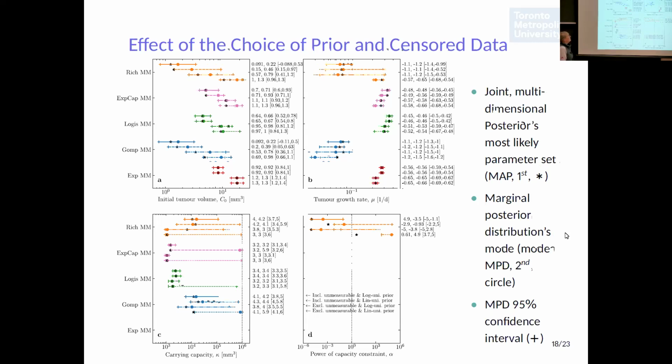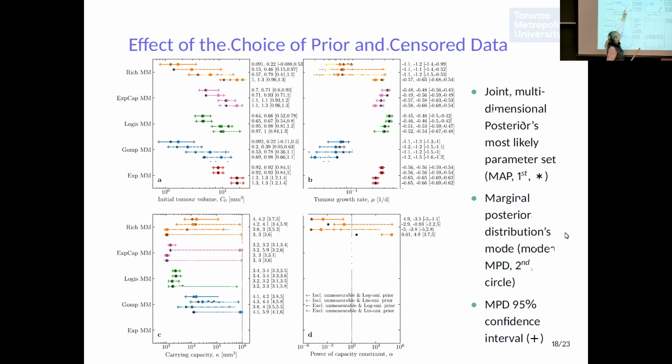And so what we see is that sometimes it makes a really big difference and sometimes it doesn't. So for example, here, this is the exponential model. I showed you before the exponential model was fairly well constrained. So the difference between these two, which is using a linear uniform or a log uniform prior, is very minimal, right?